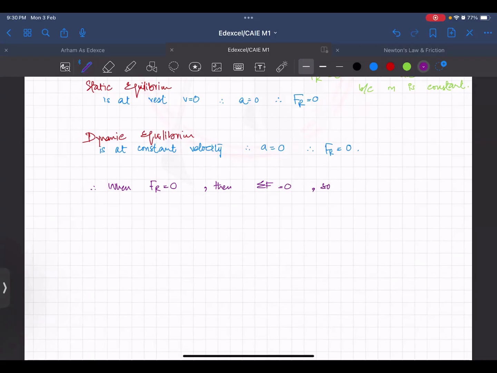So there is always a counter-effect producing force somewhere. And the most common ones we would learn are the normal contact force and friction.